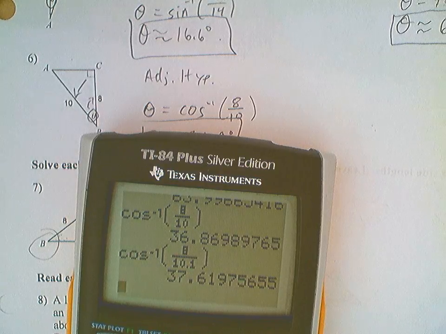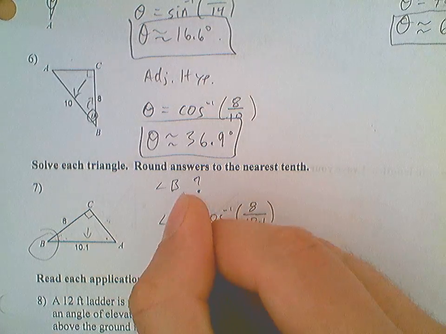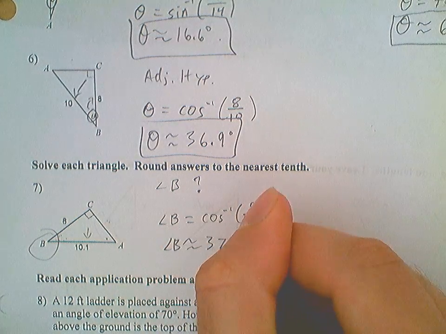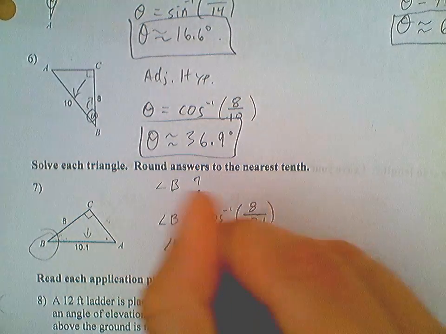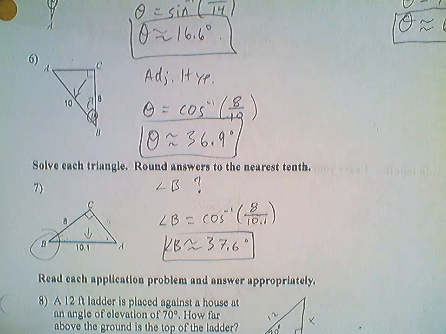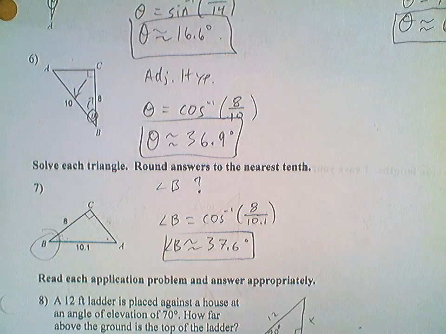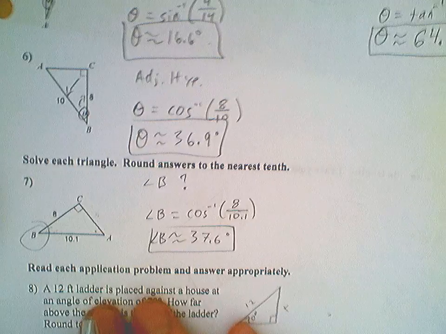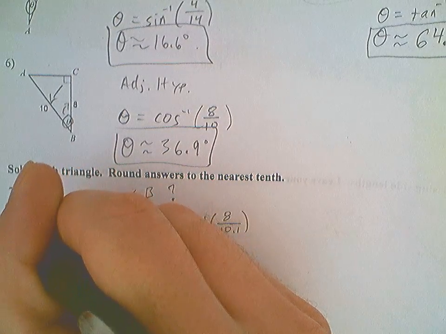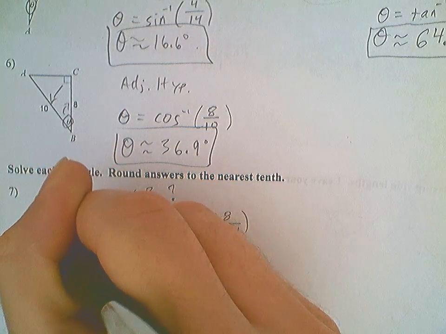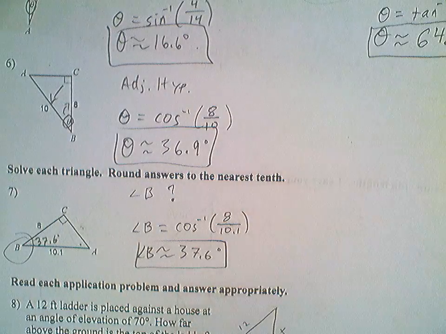So that angle is about 37.6 degrees. So angle B is 37.6 degrees. Let me go ahead and label that on my figure here, 37.6 degrees.